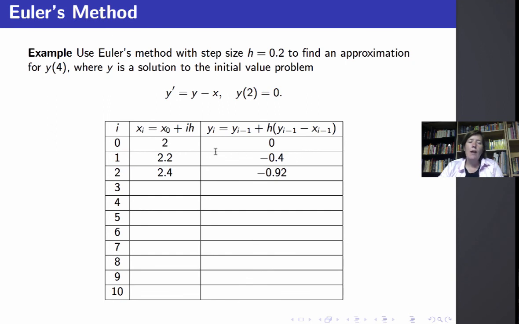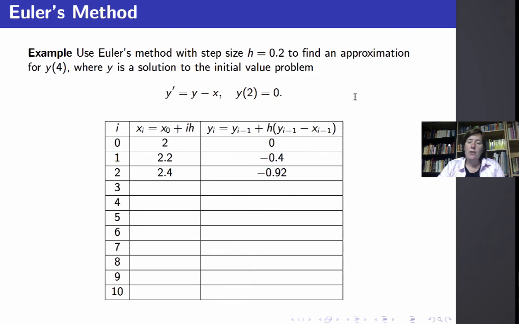So x1, y1, according to the formula, is 2.2, minus 0.4, and then I get x2, y2 by applying my equations to x1, y1. So x2 is x1 plus h, which is 2.4, and y2 is y1 plus h times (y1 minus x1).